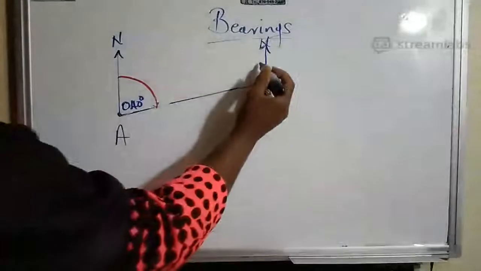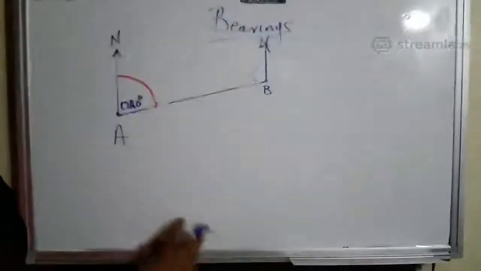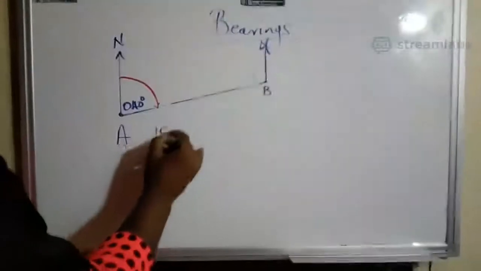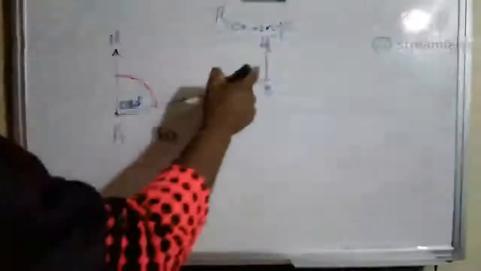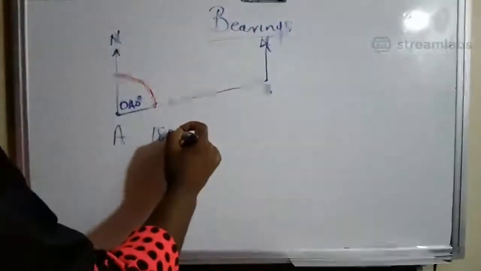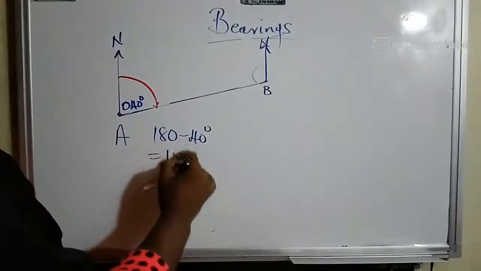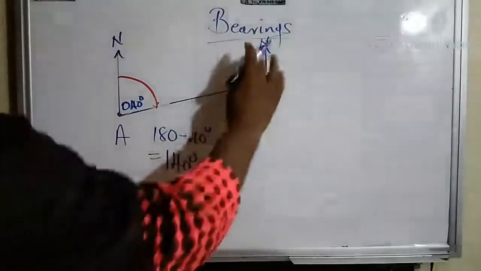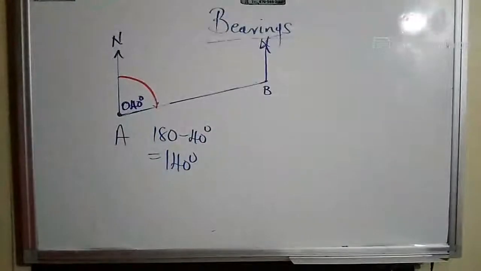So if both of them come to 180, to find this would be 180 minus 40. And this is equal to 140 degrees. So right here, I'll just put that in red, bold too.